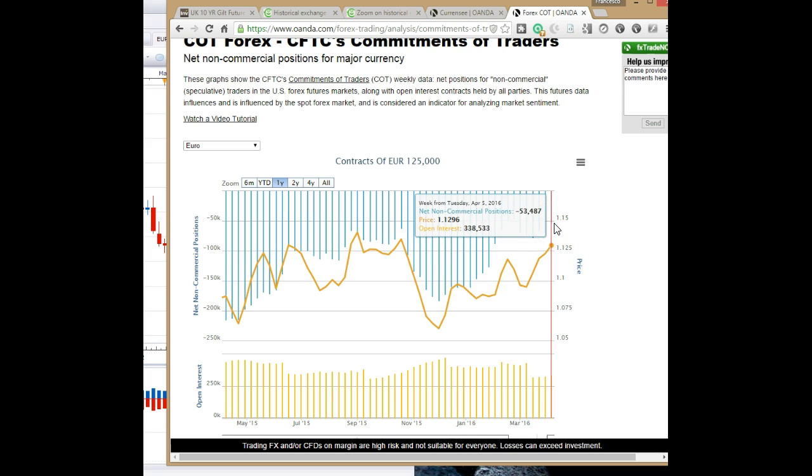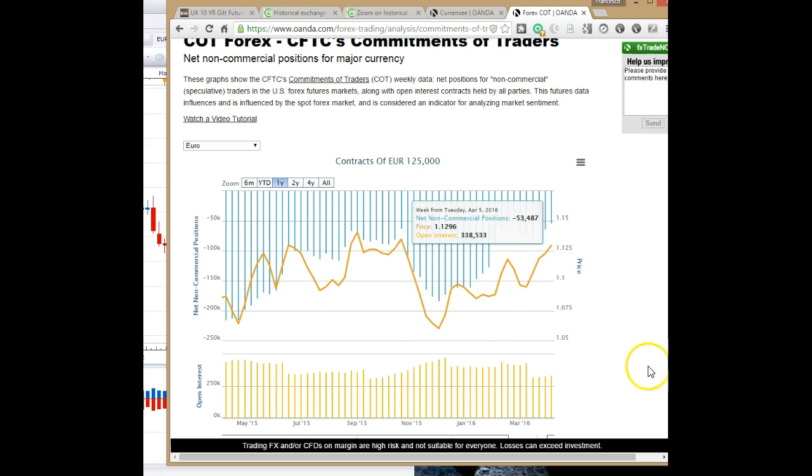So on the 5th of April, according to the Chicago Board of Exchange, the currency futures that they hold, each contract is of 125,000 euros, and basically the open interest is 338,533 contracts. If you multiply that in money, it's a lot of money, and it's still negative by a bit, although it's been lightening.